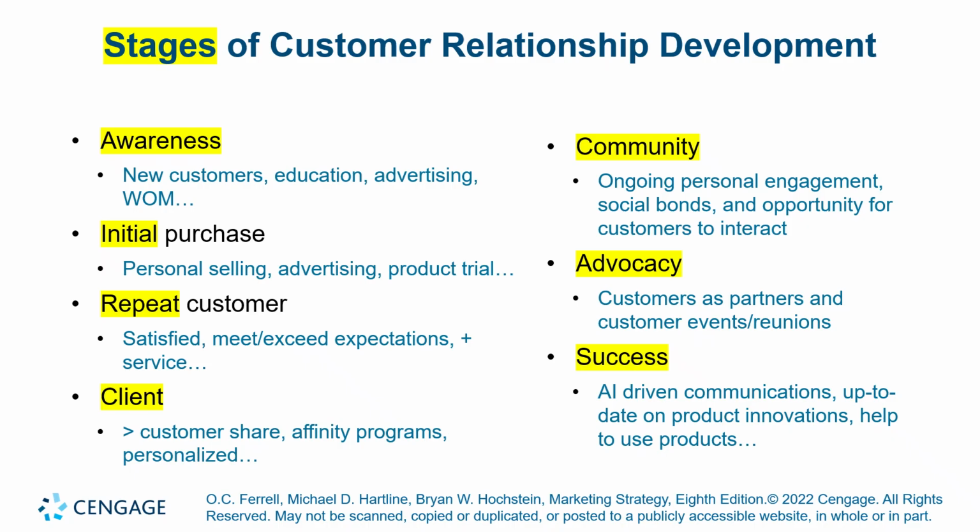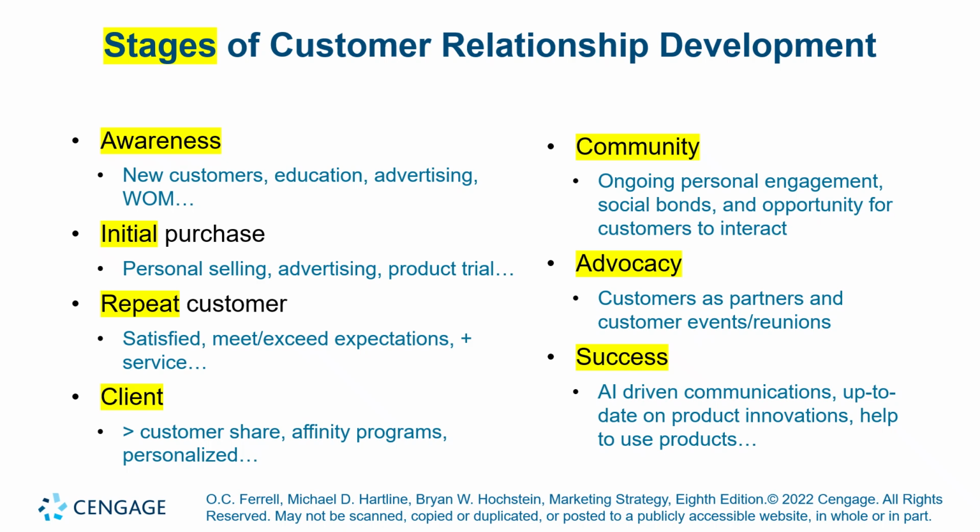There are different stages of customer relationship development. When you develop a relationship with your customer, you go through seven stages. What are the stages? First one, awareness. You have new customers, and through education, advertising, and word of mouth, you let them be aware of your product offering and your company.